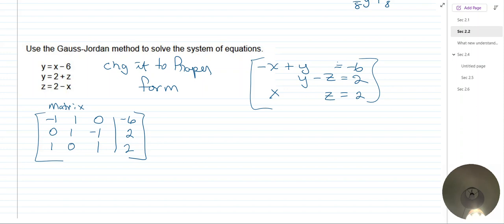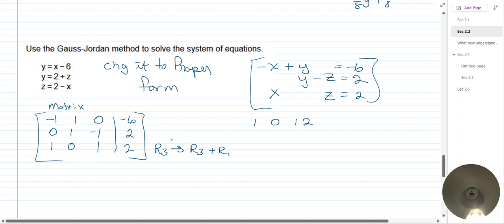All right. So I've got it listed correctly. So now we're going to solve it. Let's see. What do we want? We want row 3 changes to row 3 plus row 1. So I've got row 3, 1, 0, 1, 2, and I'm adding to it row 1, -1, 1, 0, and -6.